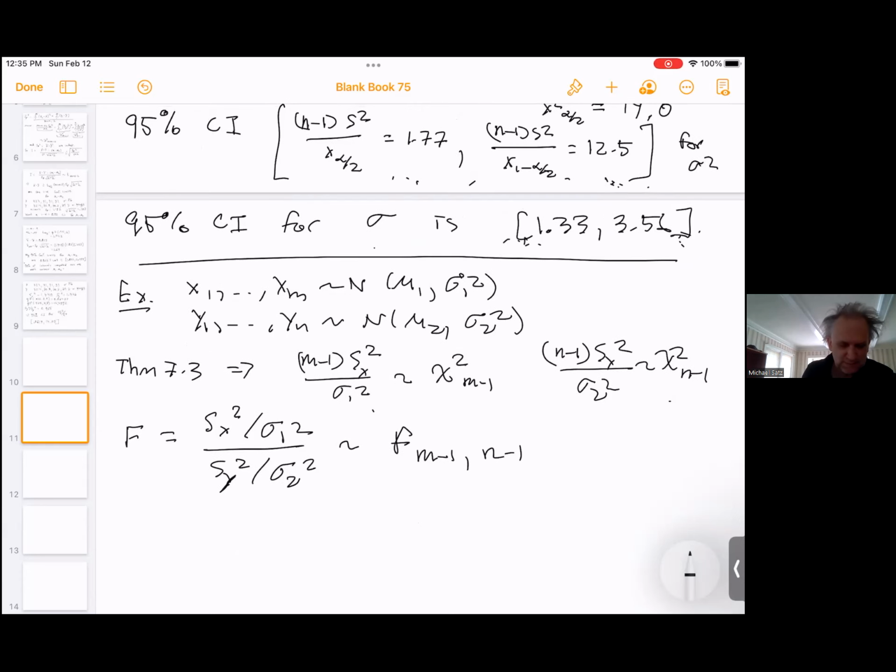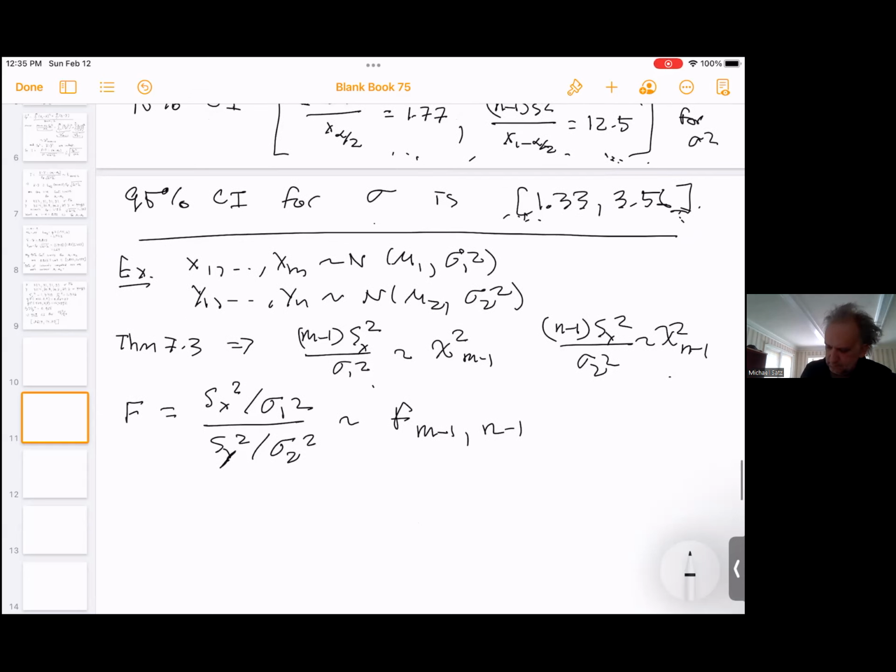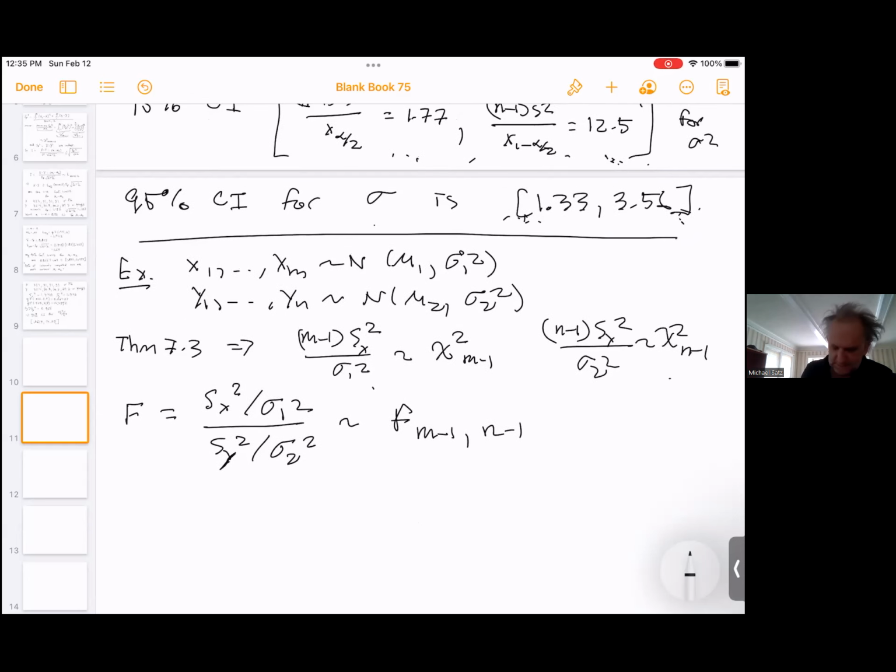This is a positive random variable, and it's defined this way to be the quotient of two independent chi-squared random variables divided by their degrees of freedom. Okay, anyways, here we have it.